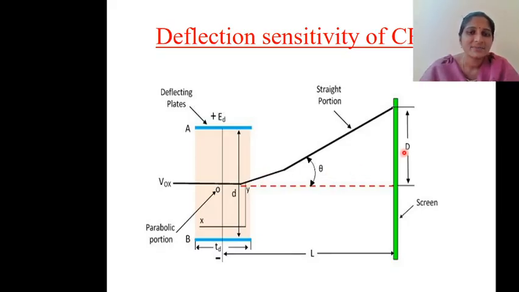So tan theta is nothing but capital D by small l. From that you will be getting D equal to L into tan theta. Substituting the tan theta in this equation, you will get the value of D. From that equation you can know that D is directly proportional to E_d, and deflection sensitivity is nothing but capital D by E_d. Then you will be getting the deflection sensitivity, and from the deflection sensitivity you will also find the deflection factor. So that is about the cathode ray oscilloscope. Okay, thank you.